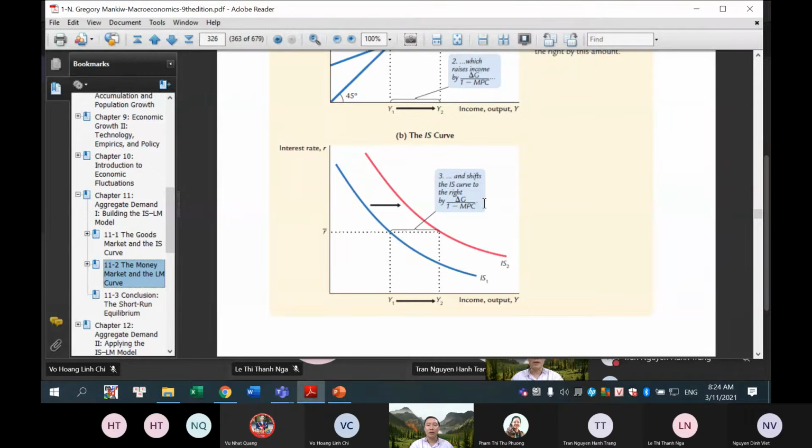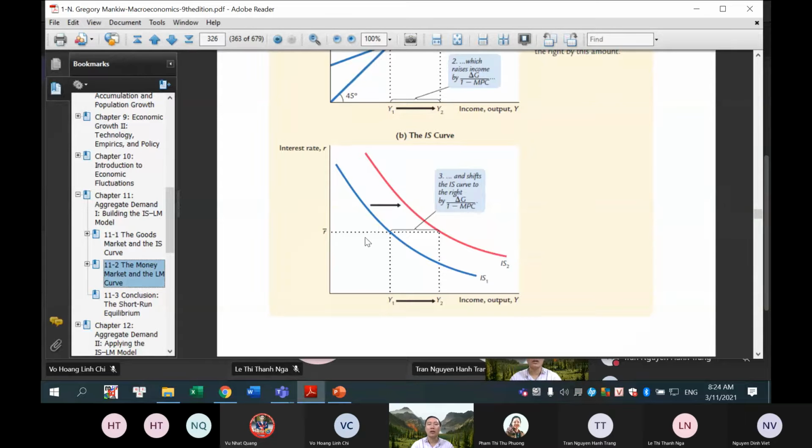But there is one problem arising here. Obviously, the final outcome of the economy should depend on the interest rate. For instance, if the interest rate stays here, then the economy would be at Y1. But if the interest rate goes up or down, the output would be different, higher or lower, depending on the change in the interest rate.